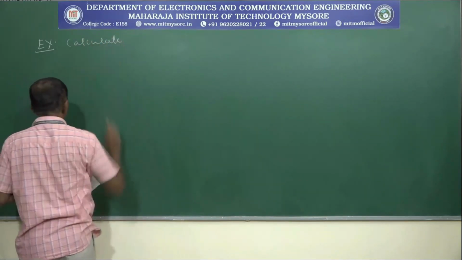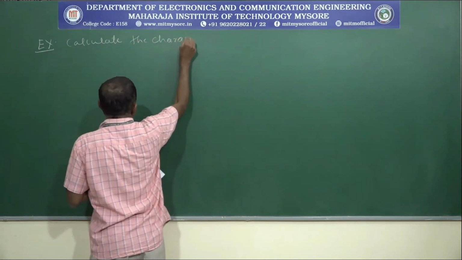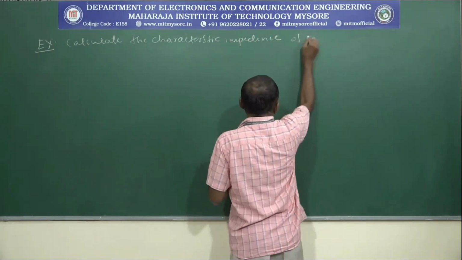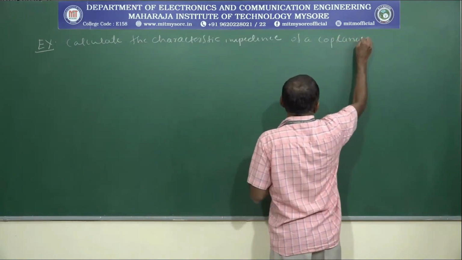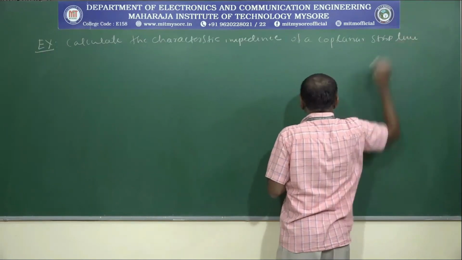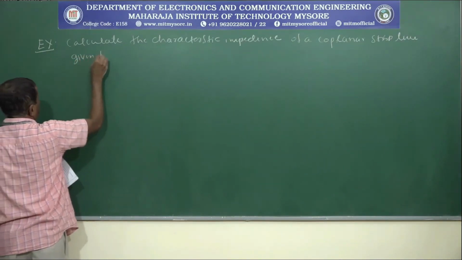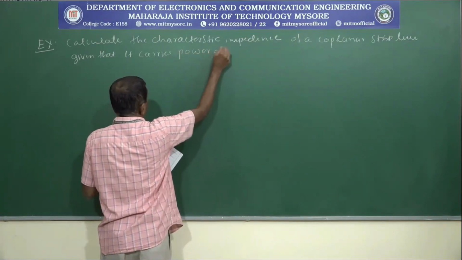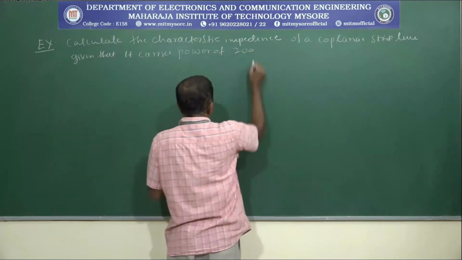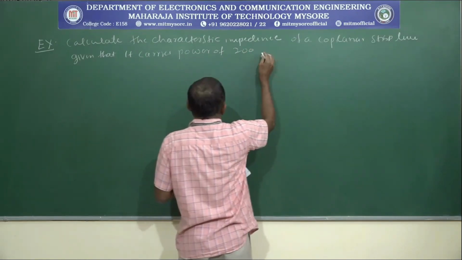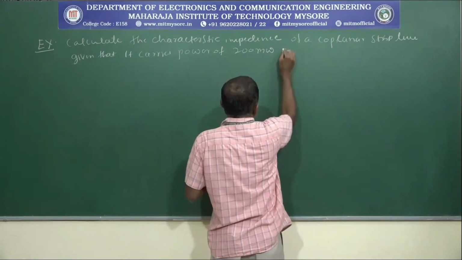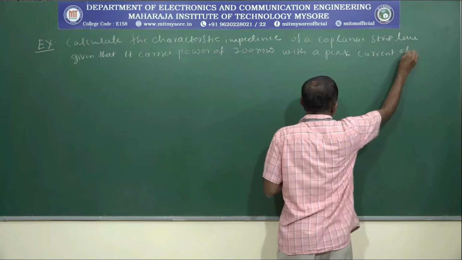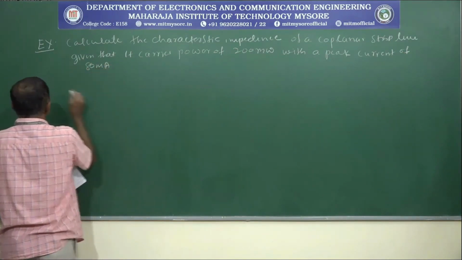Calculate the characteristic impedance of a coplanar strip line, given that it carries a power of 200 milliwatts with a peak current of 80 milliamperes.